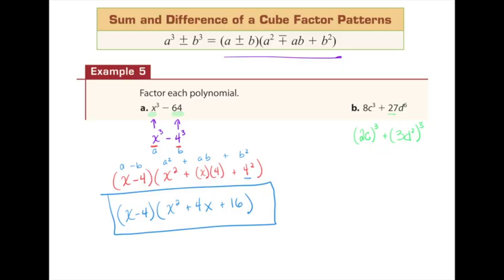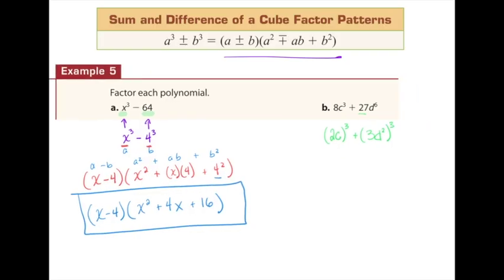And then I'm just going to write out my factoring. This is a plus, so I'm going to use the plus one. I'm going to say a plus b, and I'm going to multiply that by a squared minus a times b, plus b squared.